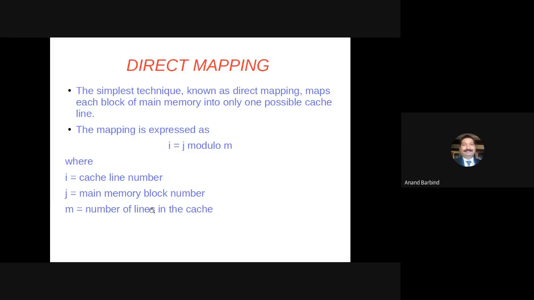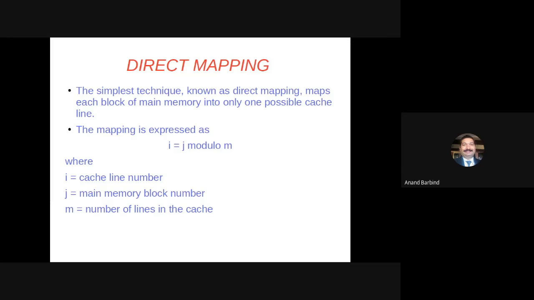The cache lines will be given the numbers 0, 1, 2, 3, 4, 5, 6, 7, 8 and 9, whereas the block numbers in the main memory, because there are 100, will be numbered from 0, 1, 2, 3 up to 99.